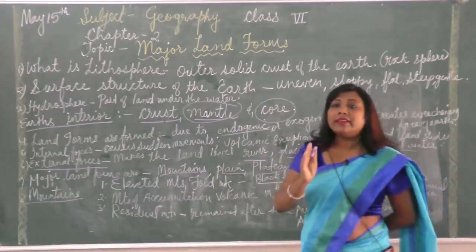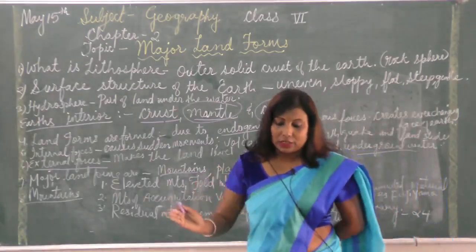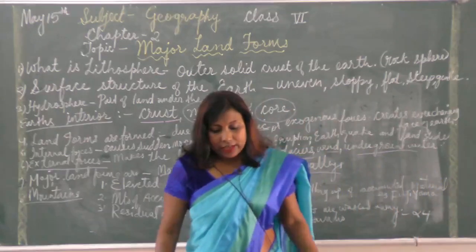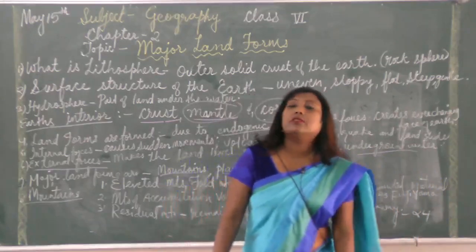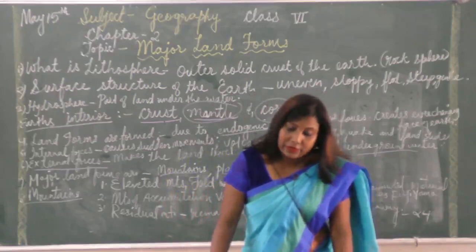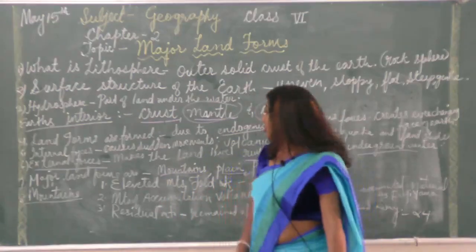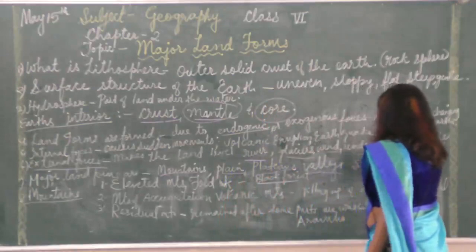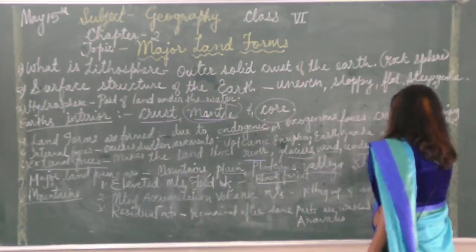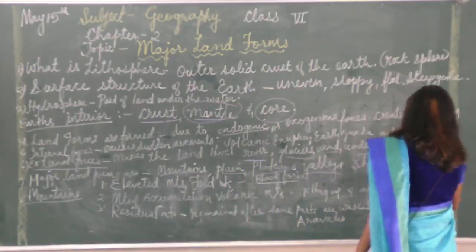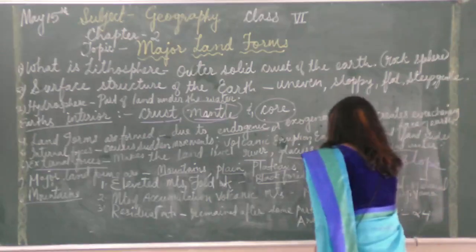Now how are they differentiated among each other? They are categorized on the basis of their height from the mean sea level, and the shape and slope.